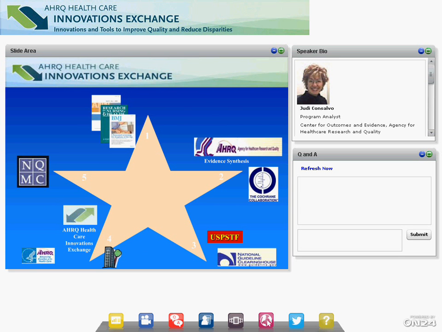On point 1, there's our familiar bibliographic databases, Medline and CINAHL, the research articles that we find in the journals. On point 2, evidence summaries are produced through the AHRQ Evidence-Based Practice Centers and other entities such as the Cochrane Collaboration to create evidence synthesis of all what's known about a particular topic.